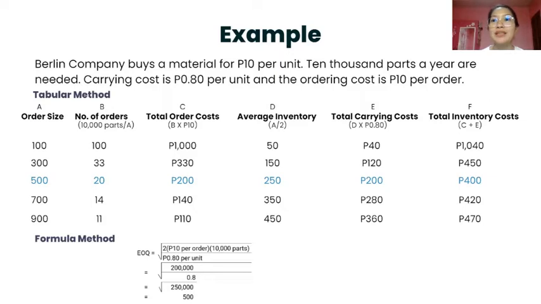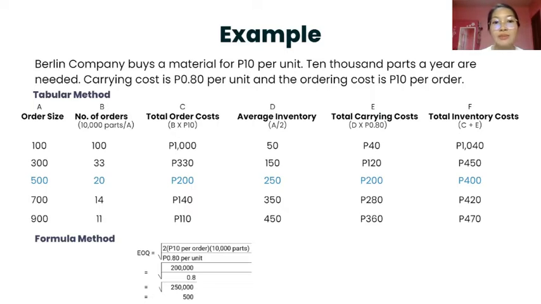What is required in computing EOQ is the total number of units required annually, so please take note that it is annual. Carrying cost is 0.8 per unit and the ordering cost is 10 per order.